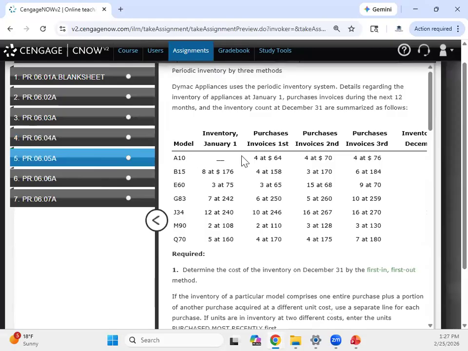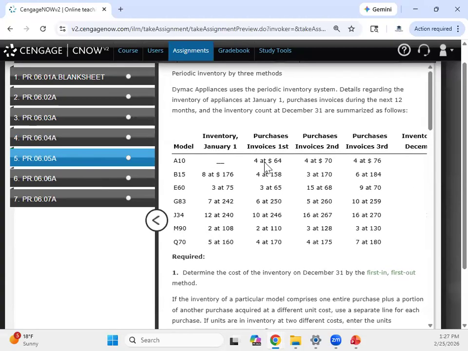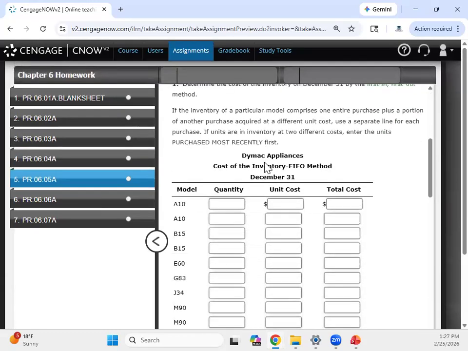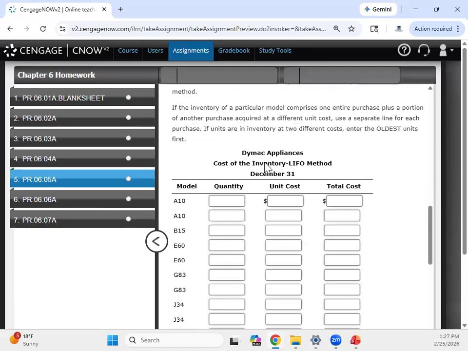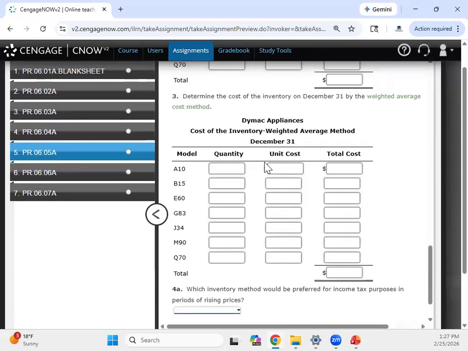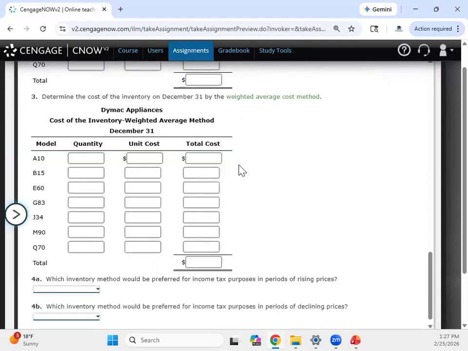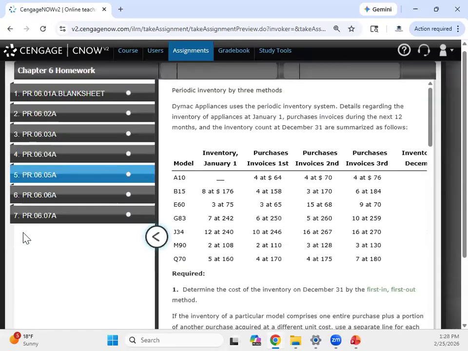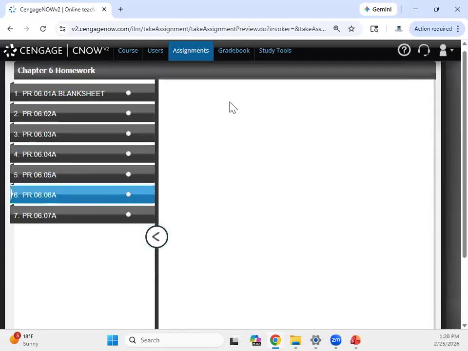Yeah, I'll do weighted average. So under this example, we'll do weighted average cost under the periodic. No, I want to go to this different example.